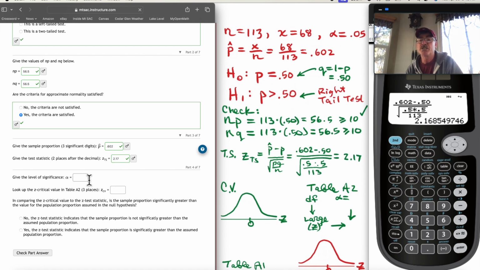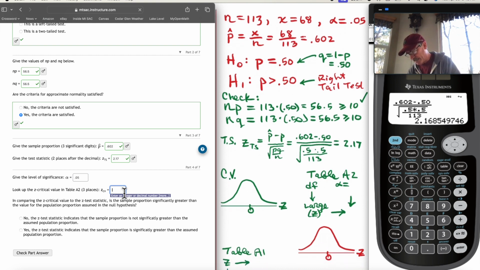Now we're going to start working on the critical value and then the p-value after that. First it wants the level of significance. You can see over here we wrote down 5% for that, so that's 0.05. Then we need our z critical value. This one's a right-tail test, so our critical value is going to be on the right side. I'm going to go first of all to table A2 to get the critical value, and we just put in our alpha here.